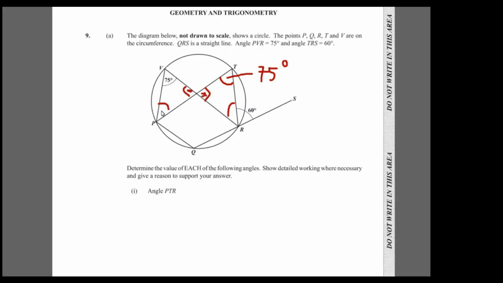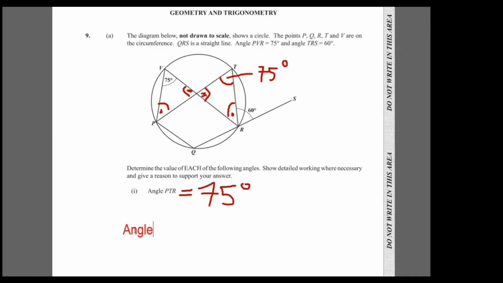And if this is, call it dot, then this is also a dot. Now, why do I need to know that? I just want to know that because the next one that we want to find is angle PTR, which is equal to 75. And the reason: angles subtended by the same chord are equal.